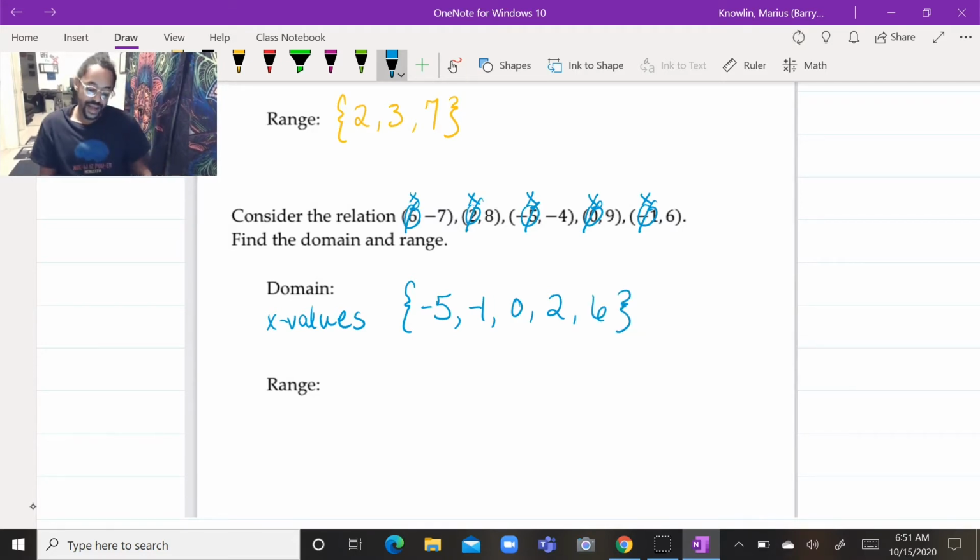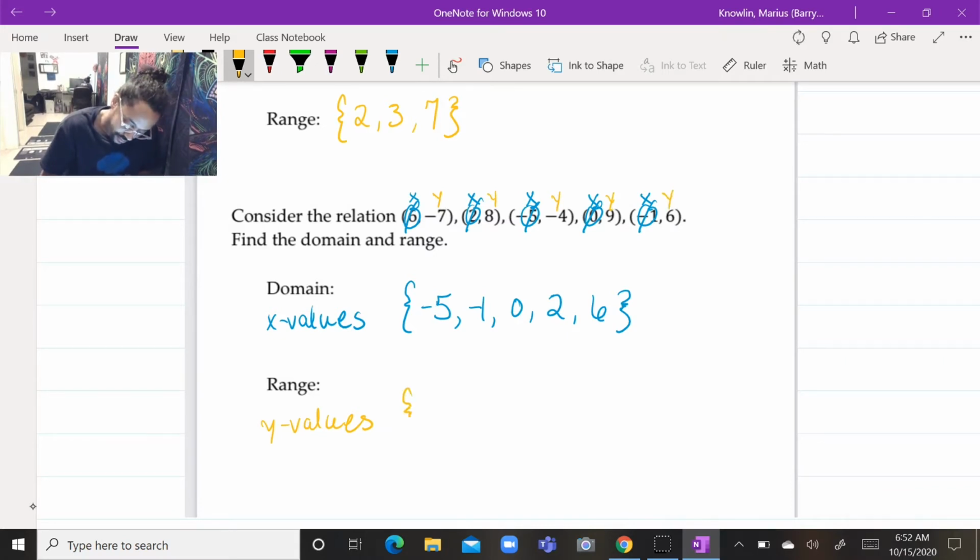All right. Now we want to go ahead and write out all of our range values, or our y values, or our output, okay? So we're going to, not circle them, but label them. Y, Y, Y, Y, and Y. Once again, we still write these in order from least to greatest.